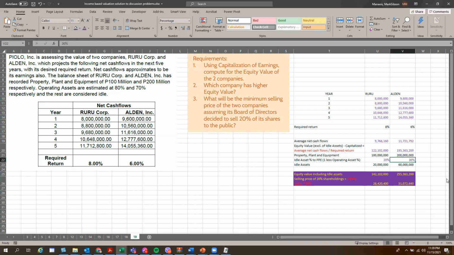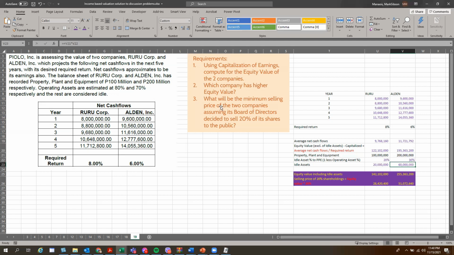How did we get the 30%? 70% represents operating assets, and the rest are considered idle, so it's complementary. Therefore, 30% will be idle assets. Now to compute the idle assets, that's 100 million multiplied by 20%, or 20 million pesos, and 200 million multiplied by 30%, or 60 million pesos. I hope you're still following.